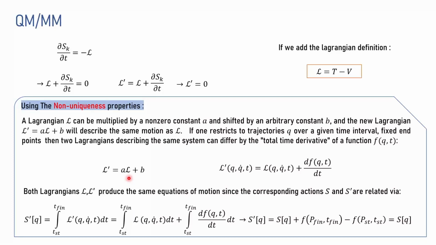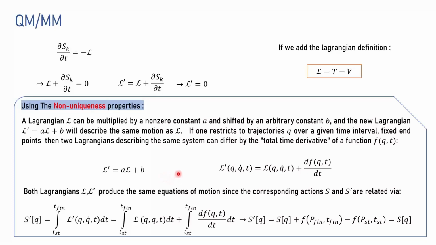So we can say that this transformation is correct only if this function f has two fixed end points, and these two points should be equivalent to each other. Why do we say that? Because here we add a constant, and if we integrate over this constant, it will not change anything in the equation.